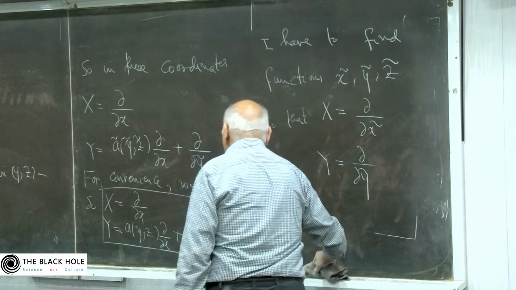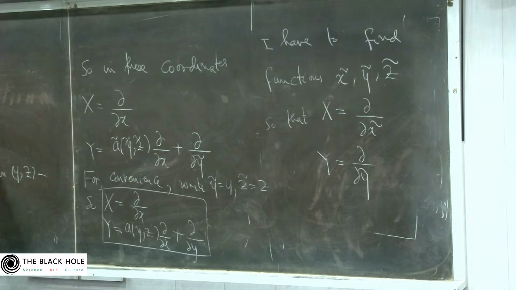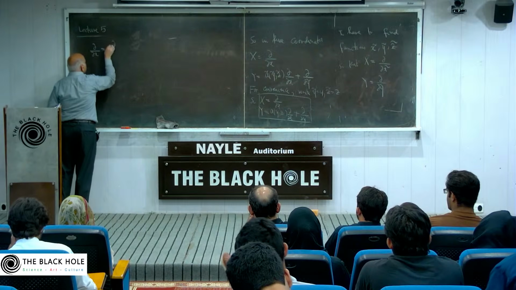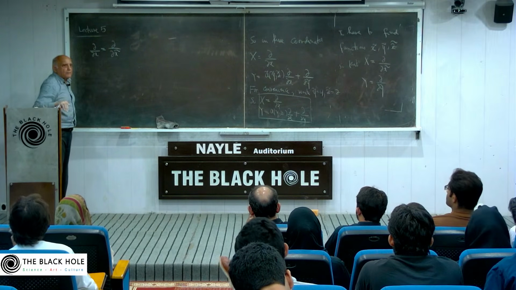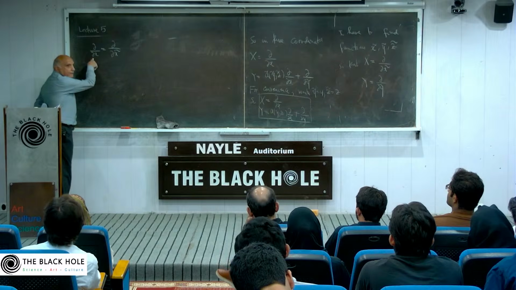Okay. So partial by partial x is equal to partial by partial x tilde. What does it tell you about x tilde? Put x tilde here, right?